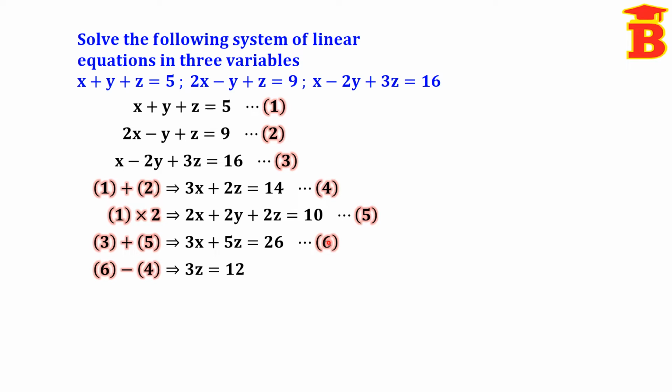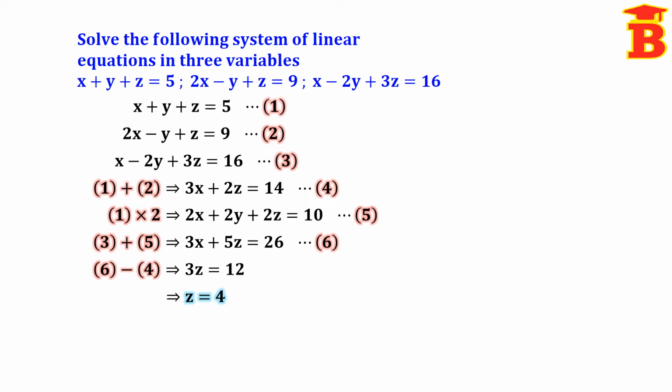Subtracting, equation 6 minus equation 4: 3x minus 3x cancelled. 5z minus 2z, that is 3z. Right hand side 26 minus 14, that is 12. This implies z equal to 12 divided by 3, that is 4. So we get z equal to 4.